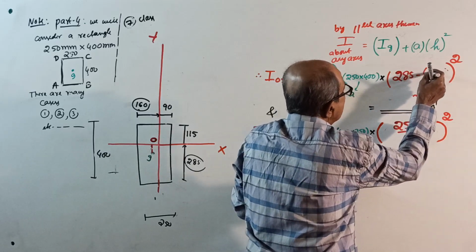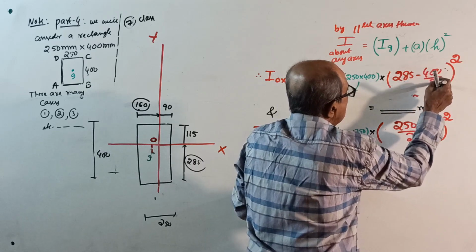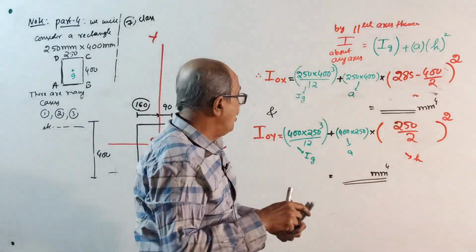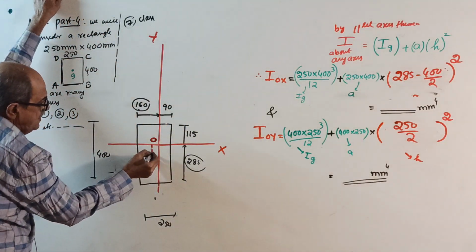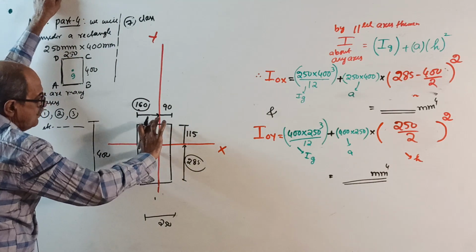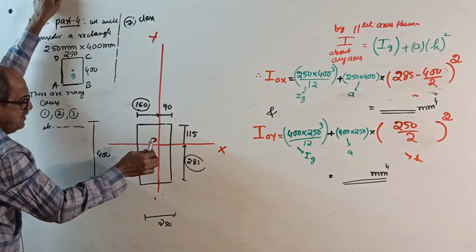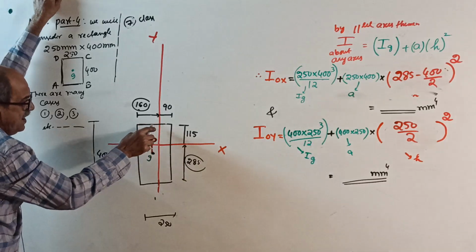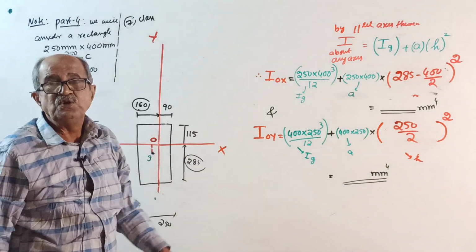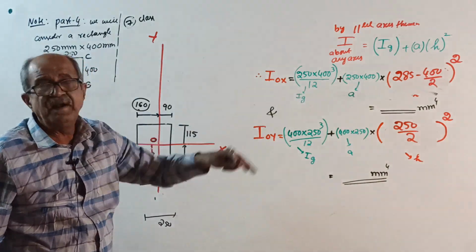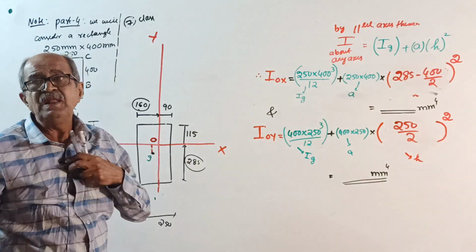Or the alternative: when this is 400, from centroid to here is 400 by 2. We want this distance, 400 by 2 minus 115. You can write 400 by 2 minus 115 whole square.